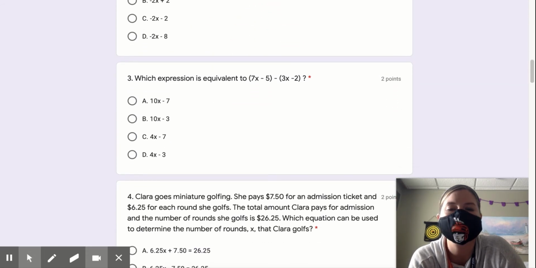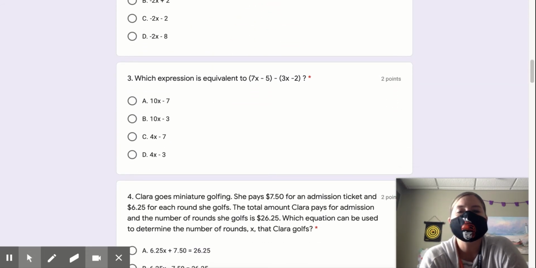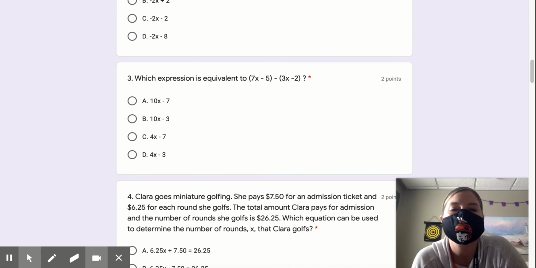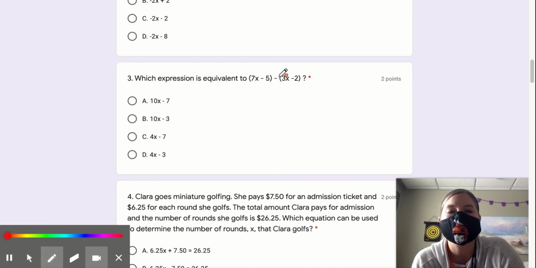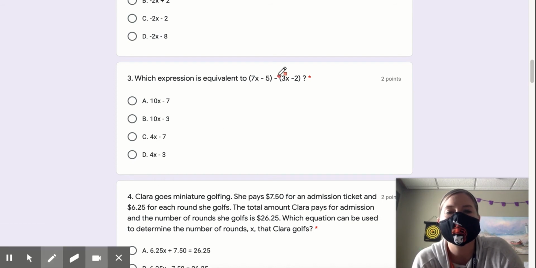All right, question number 3. Which expression is equivalent to 7x minus 5 minus 3x minus 2? Remember, there is an invisible negative 1 in front of this, and you need to distribute by multiplying the negative 1.